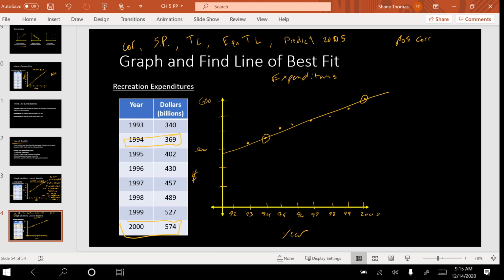All right. So for the slope, y is going to be 574 minus 369, over 2000 minus 1994. I'm going to need somebody with a calculator. So on top, I have 574 minus 369, which is 205, and then 205 divided by 6.